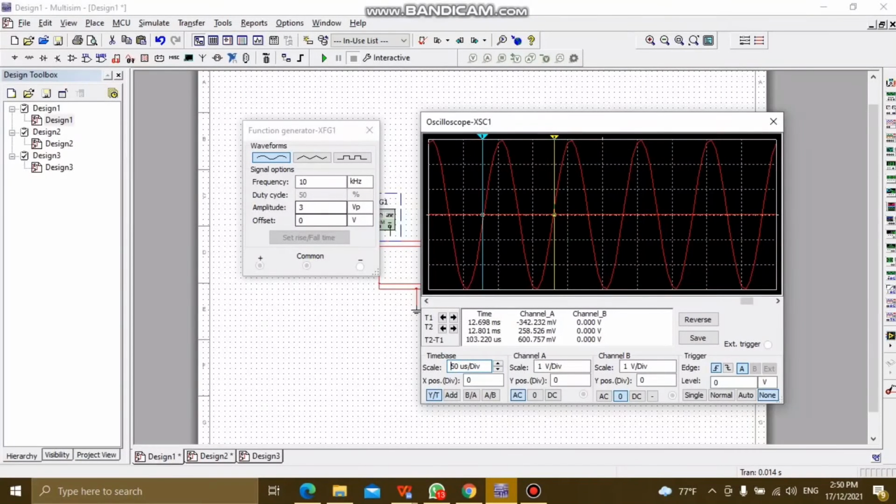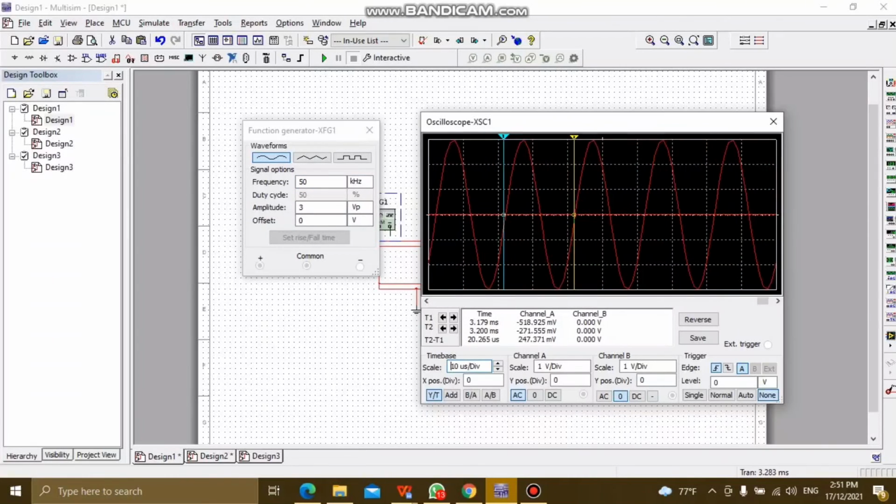And next for the 50 kilohertz, we apply the formula: 10 microseconds per div multiplied by 2, so we get 20 microseconds.